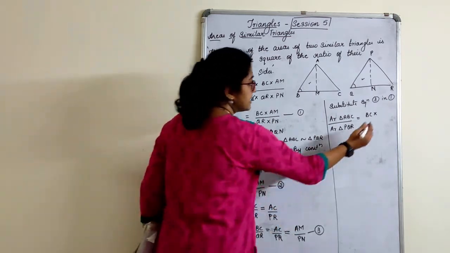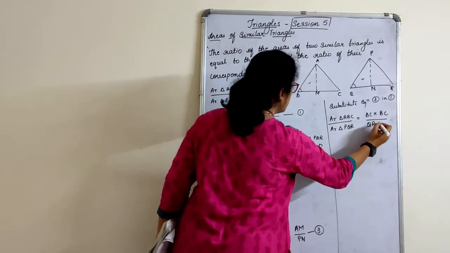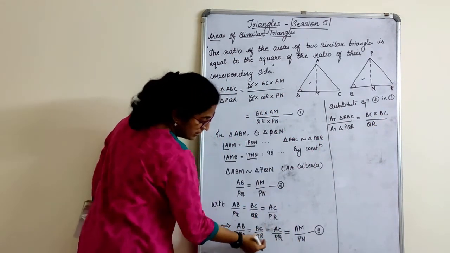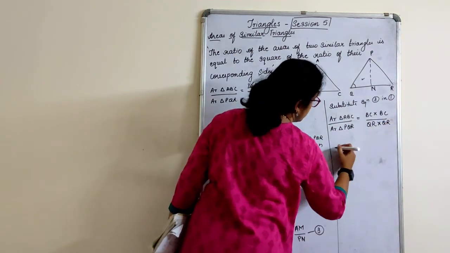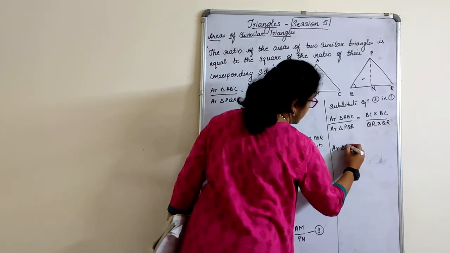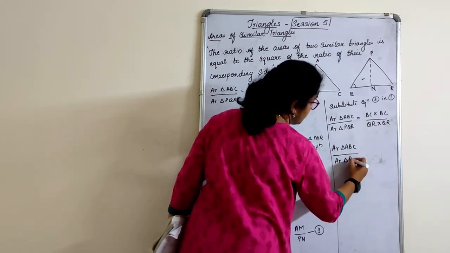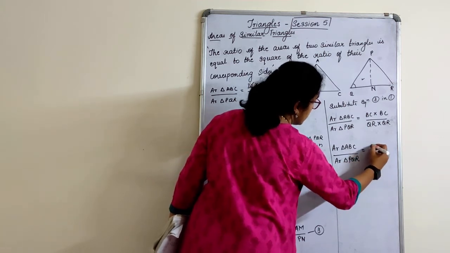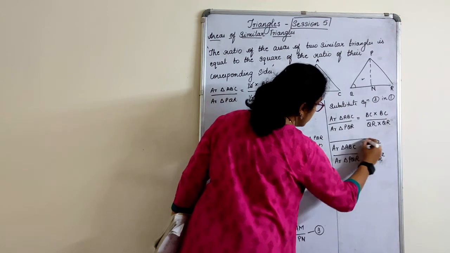I will choose BC divided by QR. Instead of PN, I can choose QR because they all are equal. So area of triangle ABC to area of triangle PQR is equal to BC squared upon QR squared.